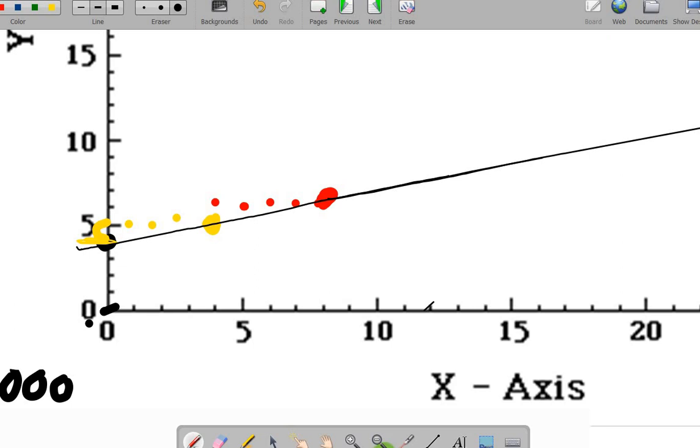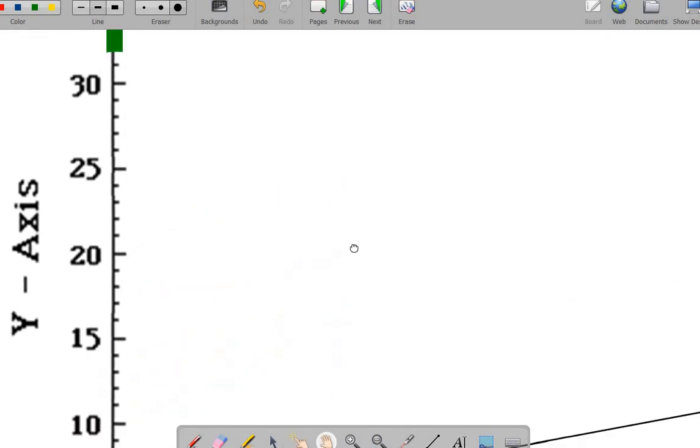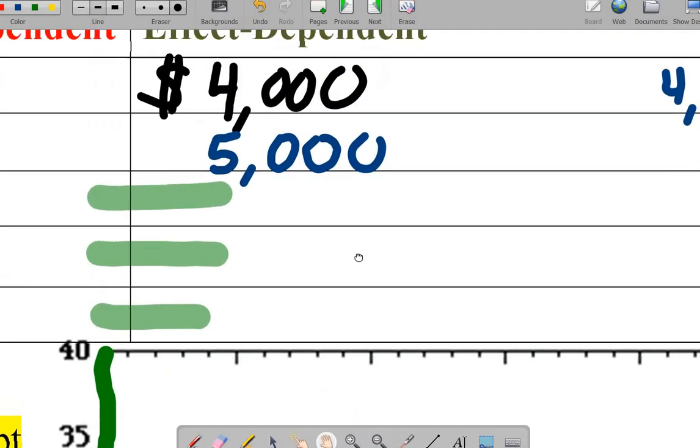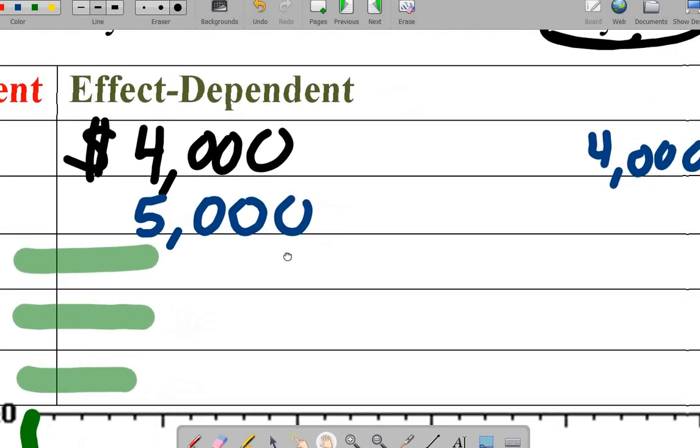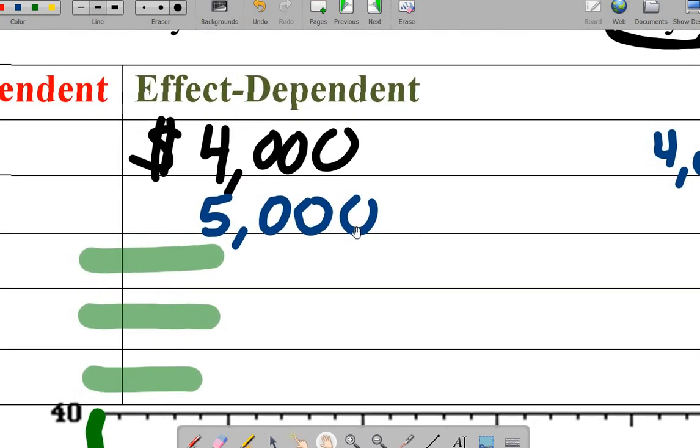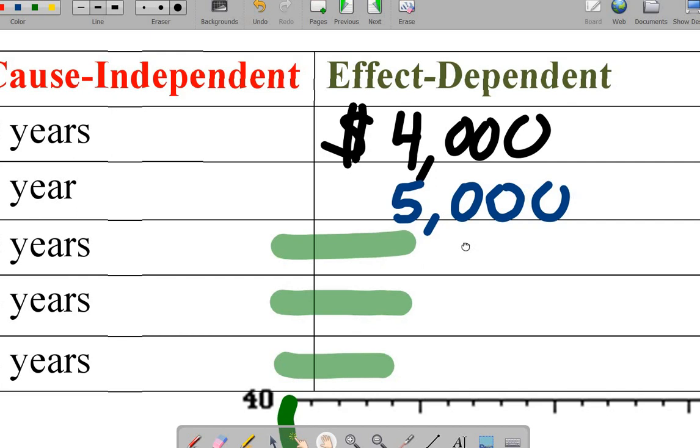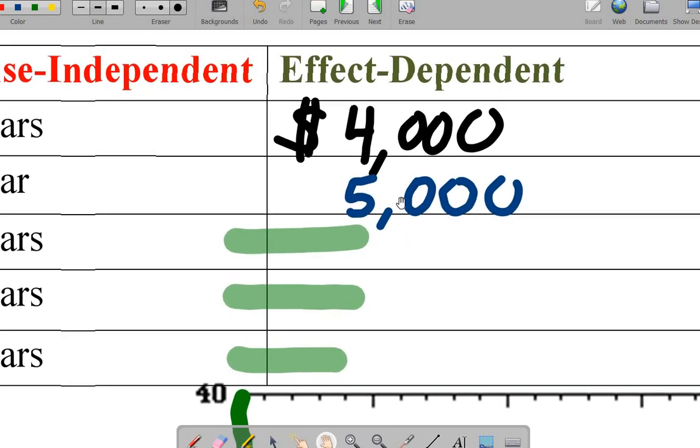So taking a look here at year number 1, it's 5,000.